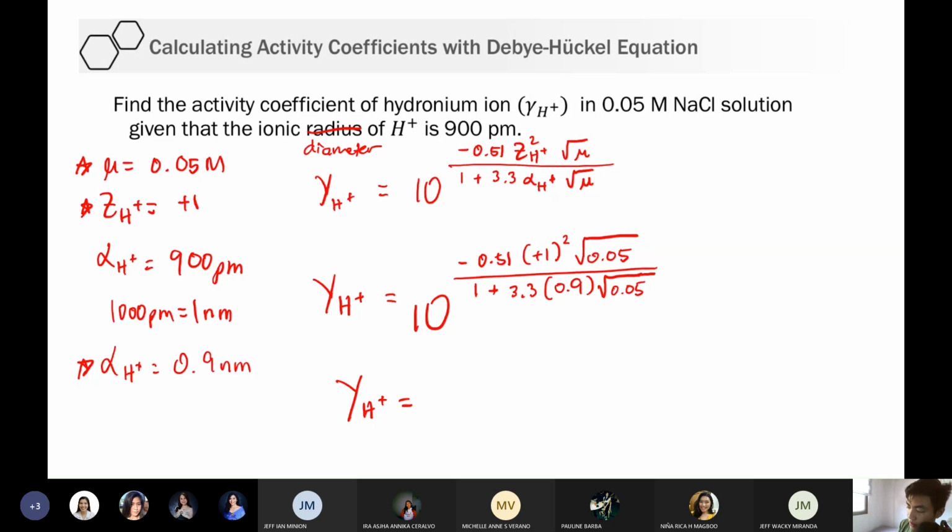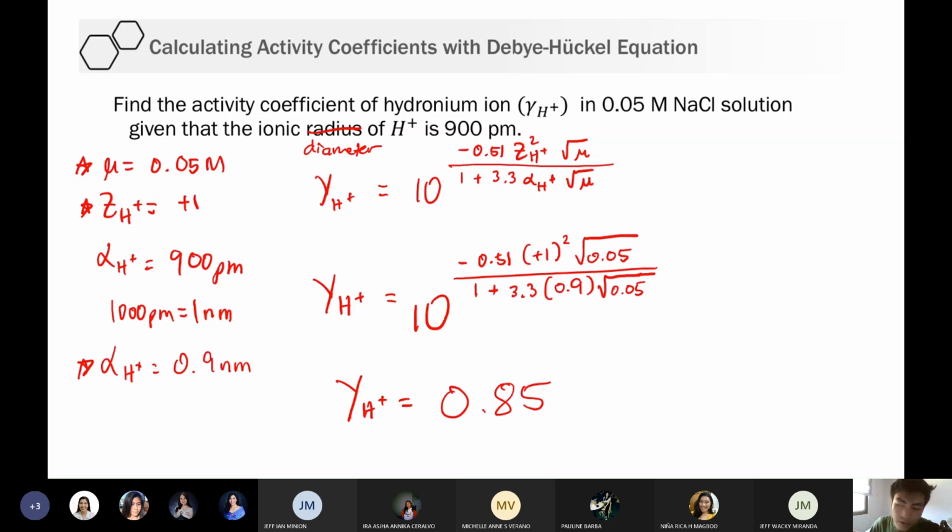Let us type this into our calculator so we can solve for gamma: 0.51 times 1 squared times square root of 0.05, over 1 plus 3.3 times 0.9 times the square root of 0.05. So gamma is now equal to 0.85, in 2 decimal places.